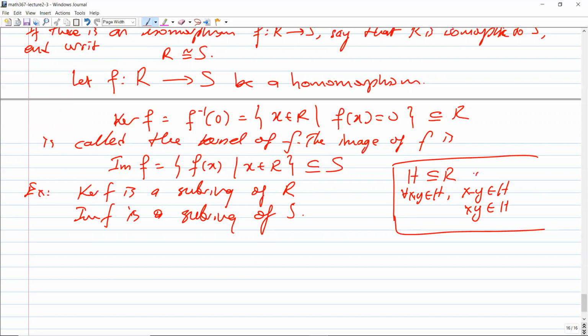This is a subring if and only if these two conditions are satisfied.